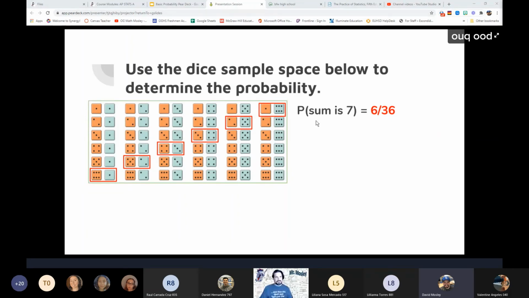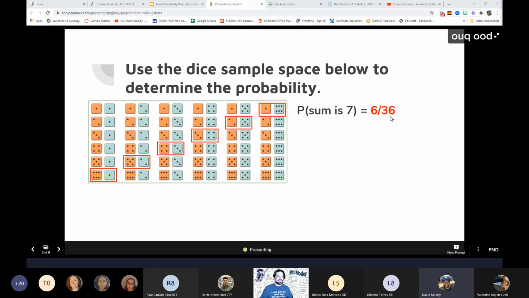And so the answer is a fraction between 0 and 1, right? 6 out of 36 is definitely less than 1 and greater than 0. And we've left the 36 because that's the number of possible outcomes, with 6 because that's how many times we had a sum of 7. Any questions? Anything I can clarify?